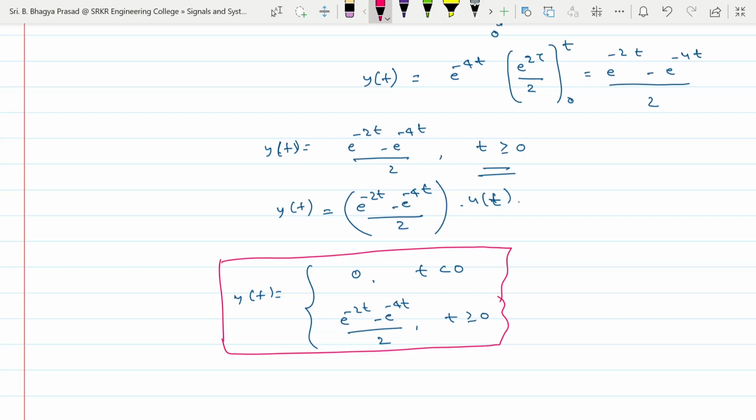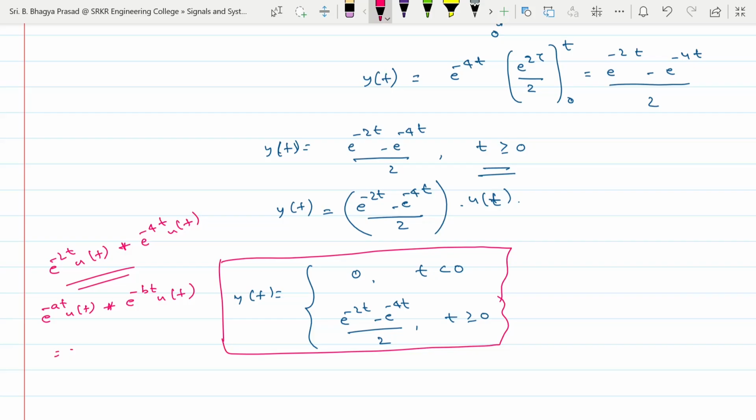The convolution of e power minus 2t u of t and e power minus 4t u of t, okay. So you can take it as a standard reference, that is e power minus at u of t convolution with e power minus bt u of t.